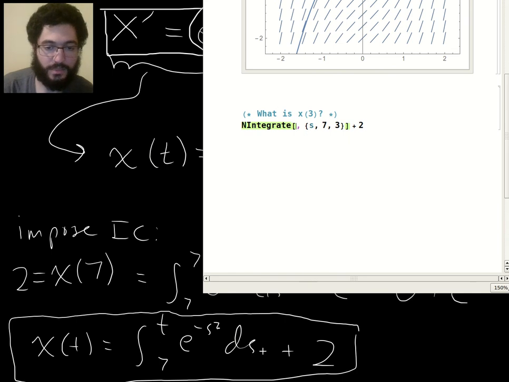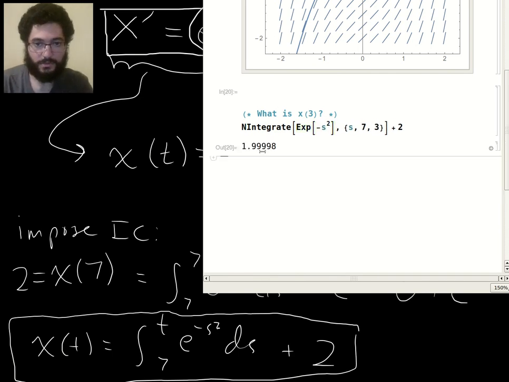And the integrand is the exponential of minus s squared. So it looks like it's 1.9998. Maybe it was actually supposed to be 2, and I'm seeing some numerical error. I don't know, but that's pretty close to the answer. So that's what x of 3 was, approximately.